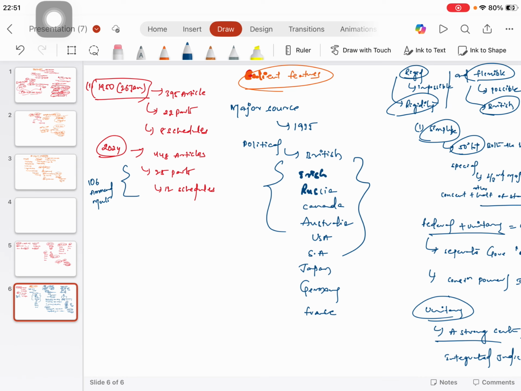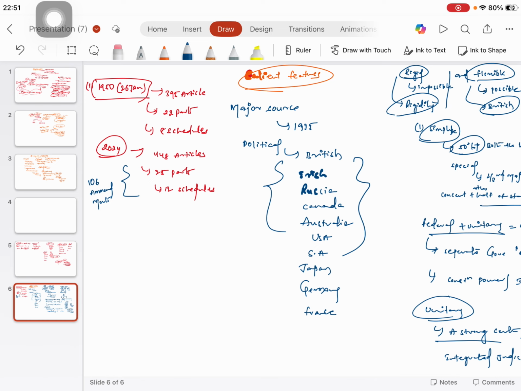Legislatures were brought from various countries as well, right? And rigidity and flexibility. Passing of a constitutional amendment bill is by simple majority of above 50% and special majority of 2/3, plus consent of state legislative assemblies.